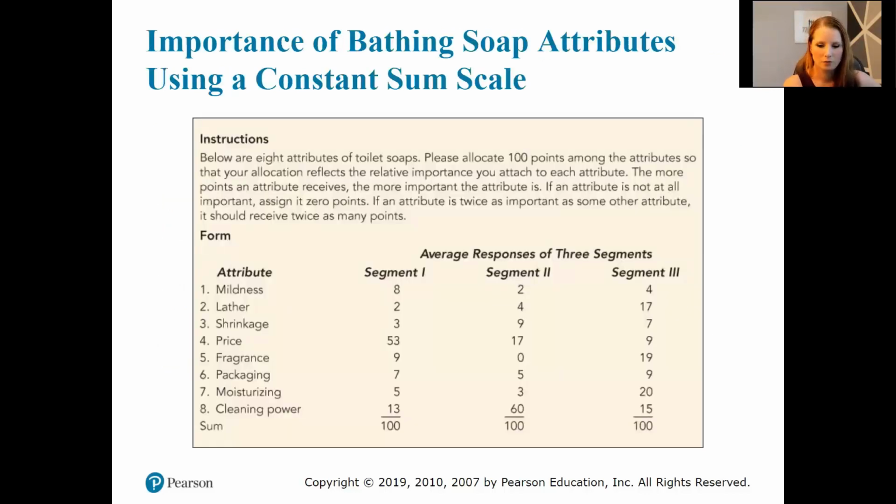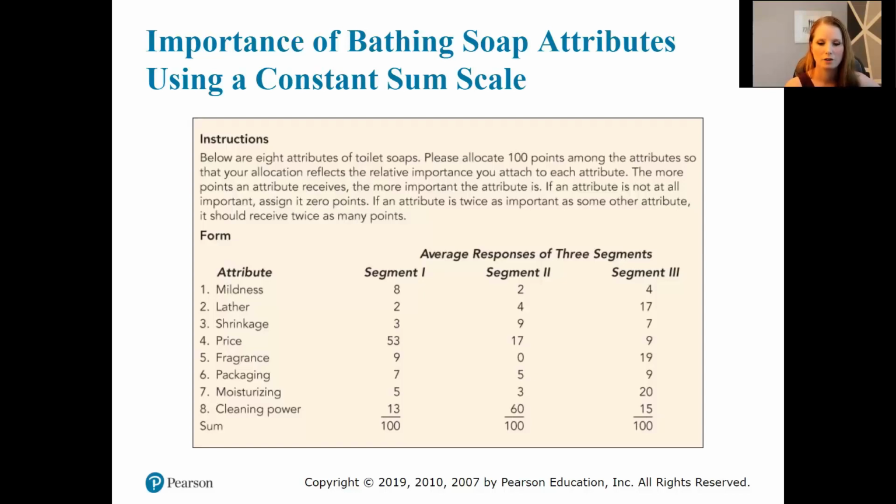Here's an example. Okay, so we have soaps. They say, please allocate 100 points among the attributes so that your allocation reflects the importance of each attribute. Right? So we have average responses of 3 segments. We have the different attributes.